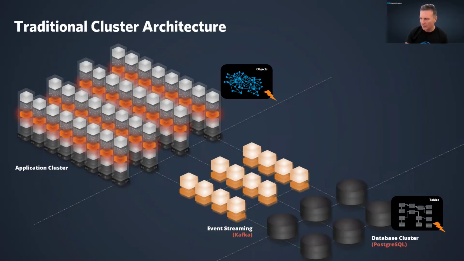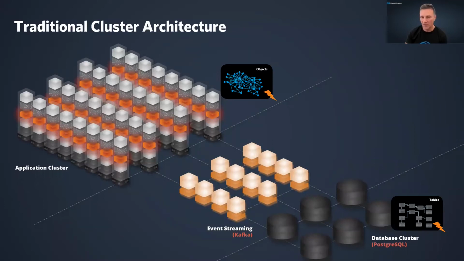Then we have another cluster. So we have 3 cluster solutions in our architecture: distributed application, distributed cache, and distributed database. So this is very important because MicroStream architecture is completely different.